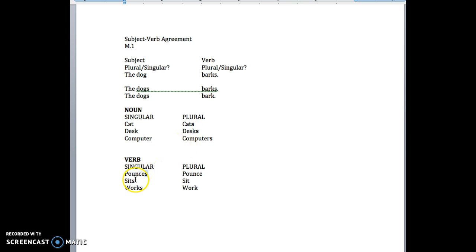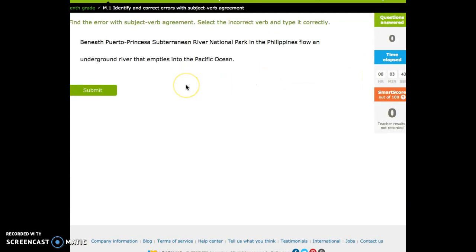The S is added to make something singular if it's a verb. Now that doesn't apply to first person, and we won't get into that, but for the sake of these examples, third person singular nouns have verbs with S's on them. The cat pounces, the desk sits, the computer works, right? So the challenge on these problems is going to be to find the subject, to find the verb, and then make sure we have it conjugated the right way.